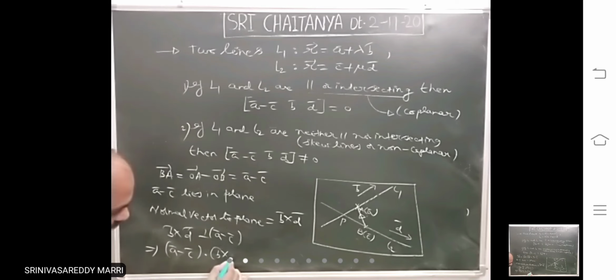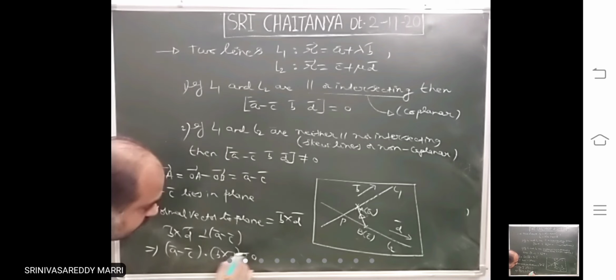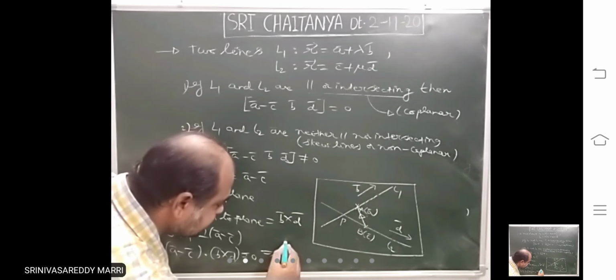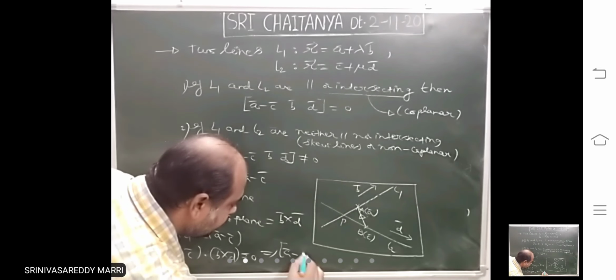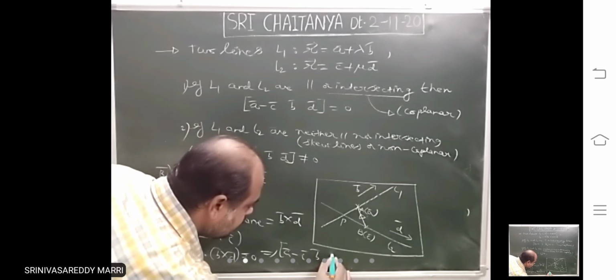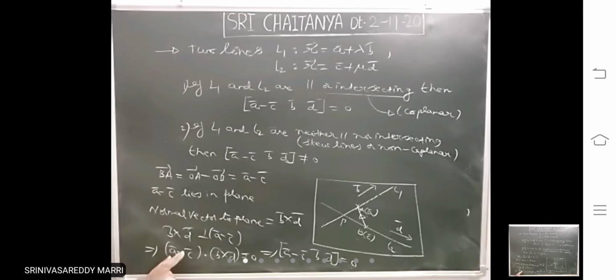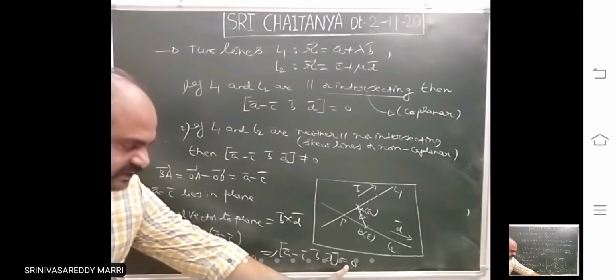That implies equal to 0. This is just like A bar dot B cross C equal to 0. According to the definition, scalar triple product is 0. Scalar triple product of A bar, B bar, C bar is 0.